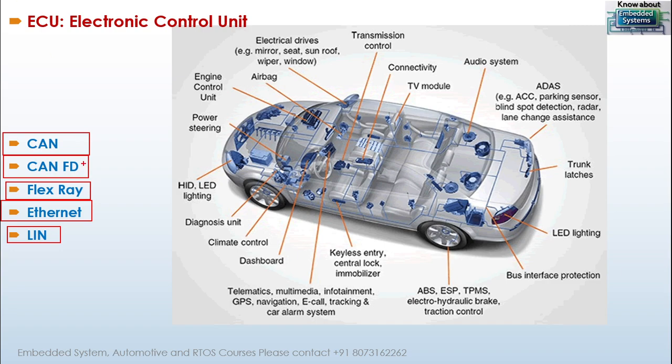These two are very popular in the automotive industry. LIN is also used, but LIN is used for small modules like mirror adjustment, window, and power seat adjustment. But majorly we'll be using CAN-FD and FlexRay.